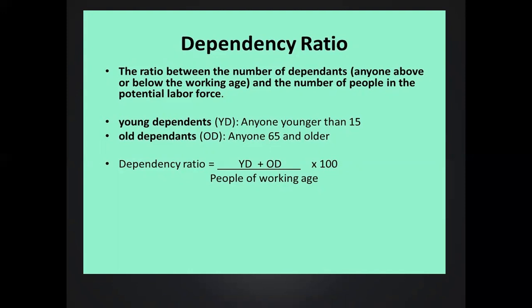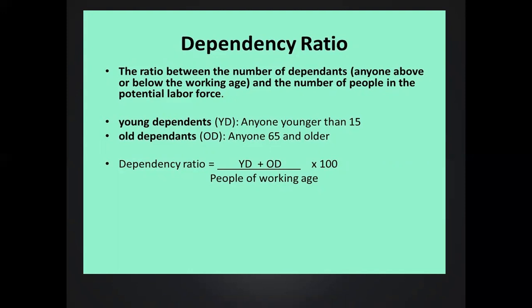Dependents means anyone above or below the working age. Now, young dependents YD is anyone younger than 15, and old dependents OD is anyone 65 and older.